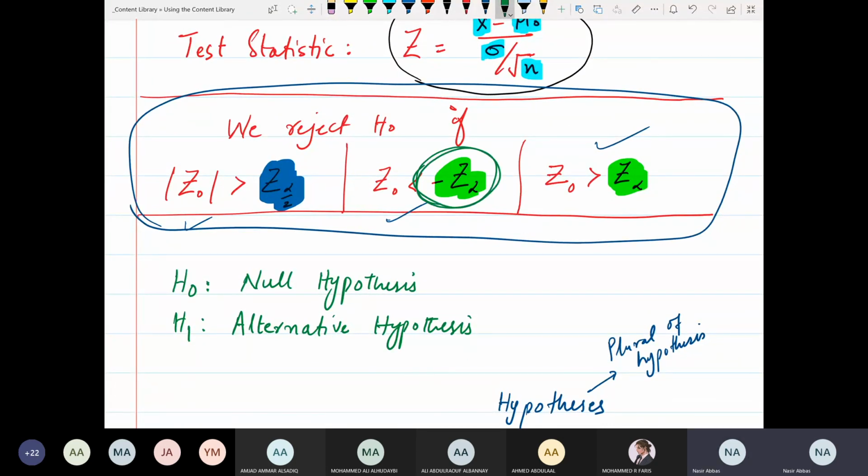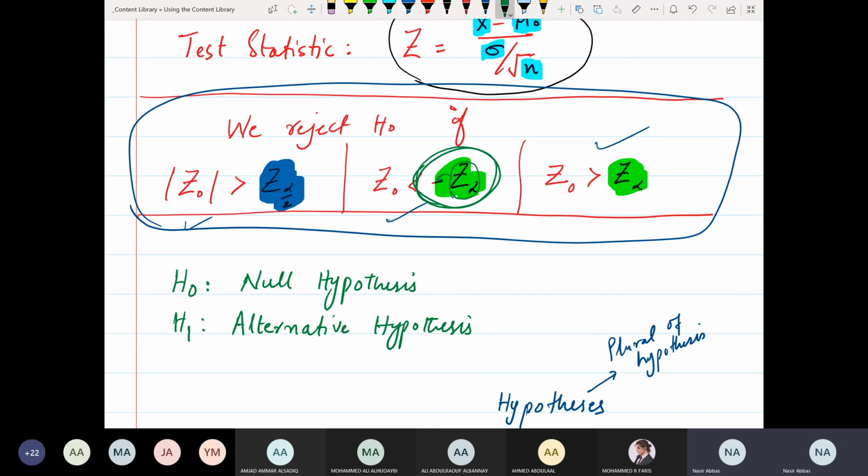When your H1 is less than, your rejection region should be on the negative side. One of the common mistakes I see is that students take Z alpha to be minus 1.645 and then multiply it by minus again and make it plus. No, the Z alpha itself will be 1.645 and after multiplying it by minus, it will become minus 1.645.